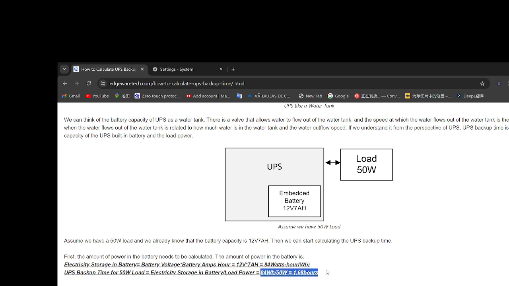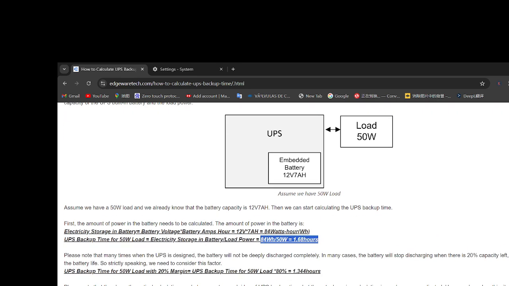But be careful, because normally the UPS will not discharge the battery 100%, as that is not very helpful for the health of the battery. Most providers do it like this: they will discharge only 80% of the battery and leave 20% undischarged.